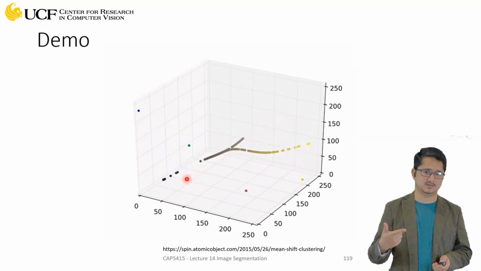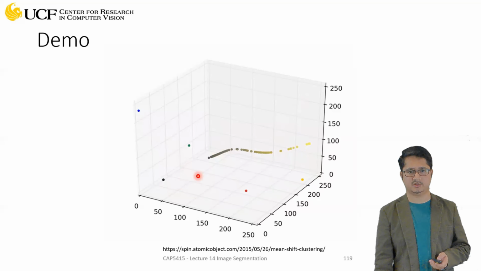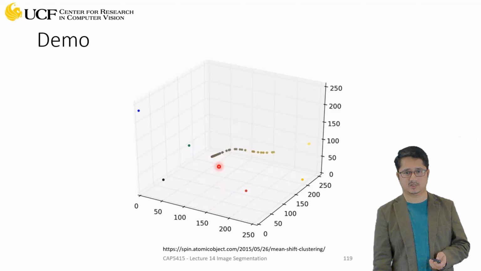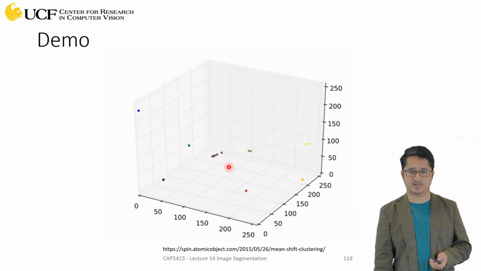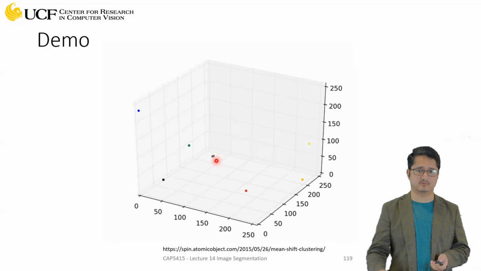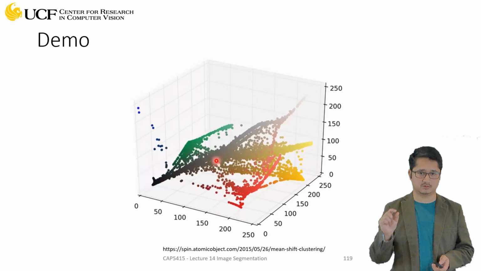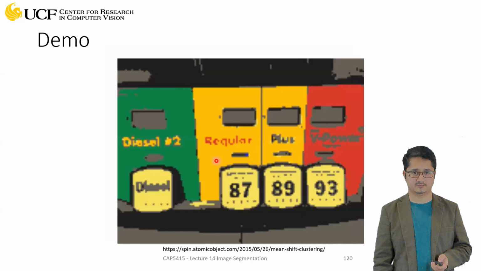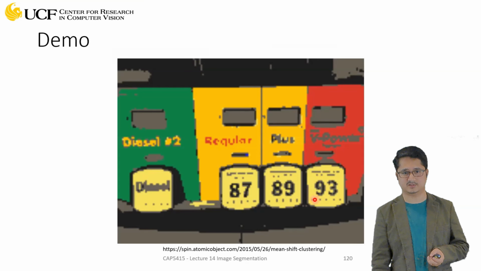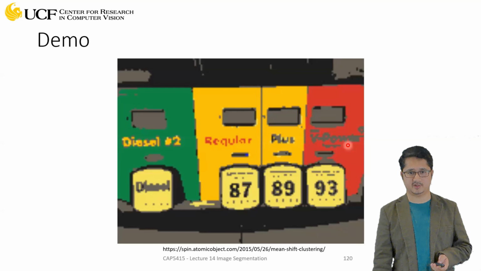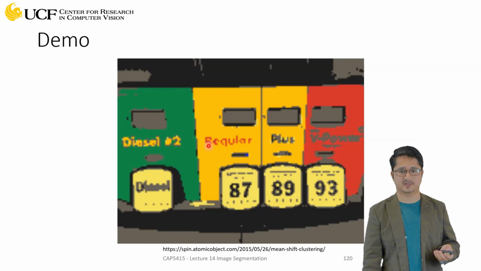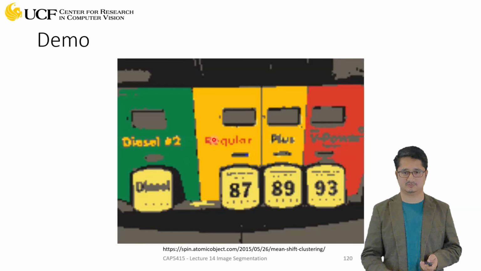You can see this is several iterations, maybe 80 or 100 iterations. And the idea is that wherever these pixels were moving while converging, all of them belong to that particular segment. With that kind of convergence, this is the result you will get. You can see it's pretty decent. Some of the text is also segmented.